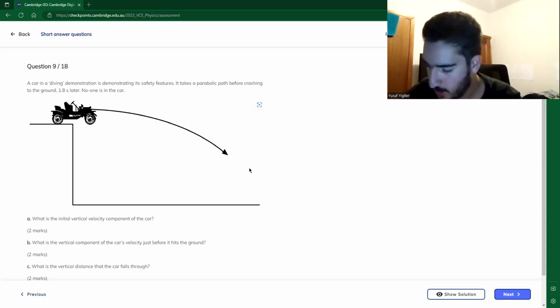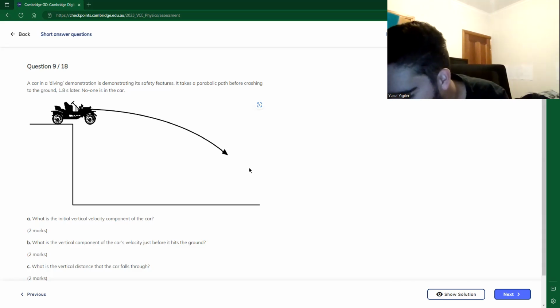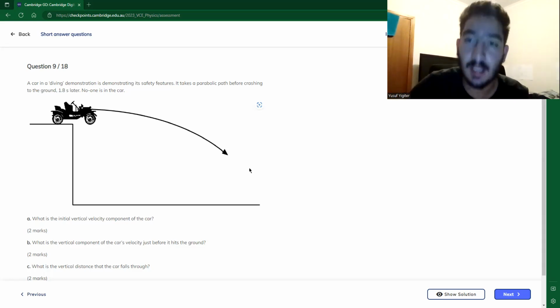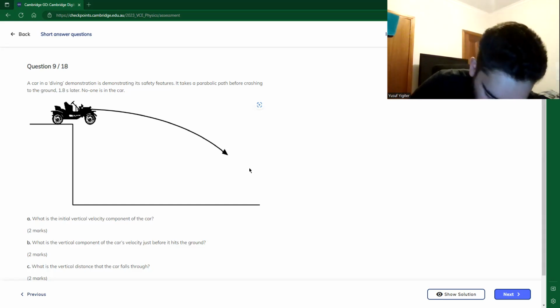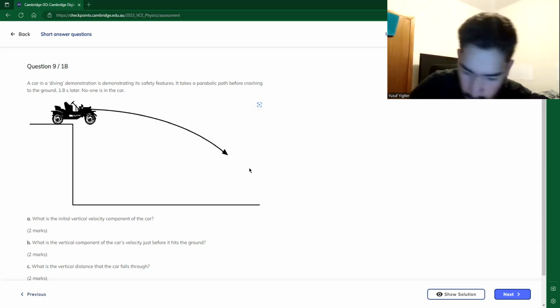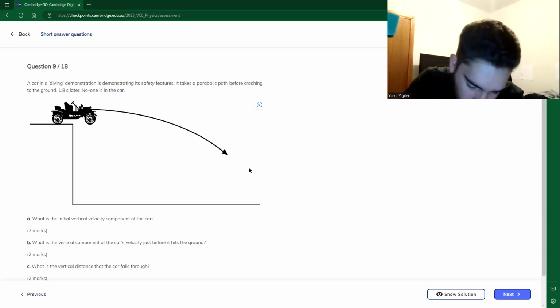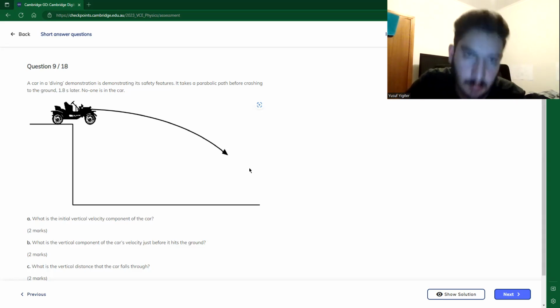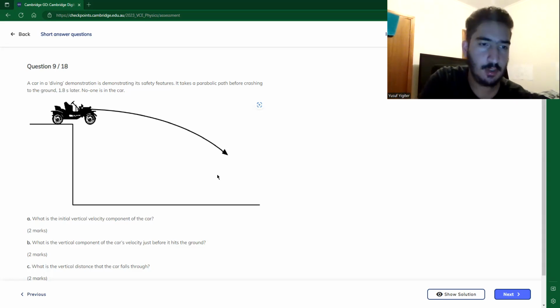Now, 1.8 times 9.8 gave me 17.64 meters per second. I don't know if that's correct. Probably. Okay, so Vy equals 17.64 meters per second.